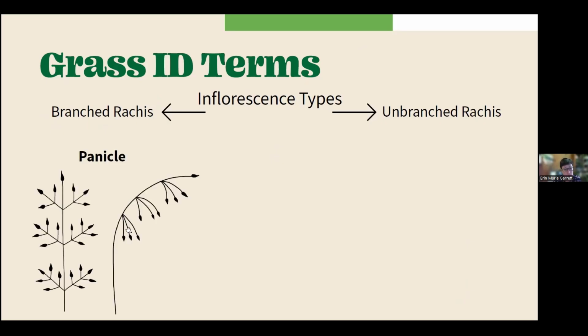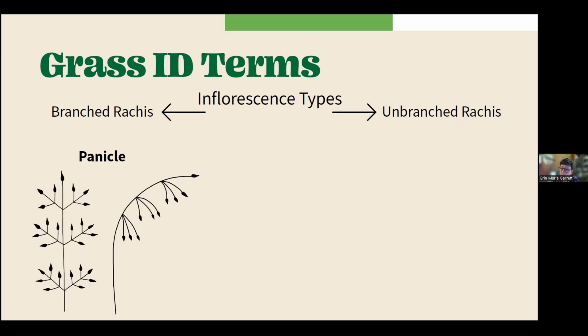Here are a couple different examples of panicles. They can vary and look different. The typical arrangement is this open, airy, branched arrangement of spikelets. But sometimes they all dangle off to one side, or you have branches that just have one spikelet on them. So there are a couple different ways that can look, and we'll see tons of examples as we go today.